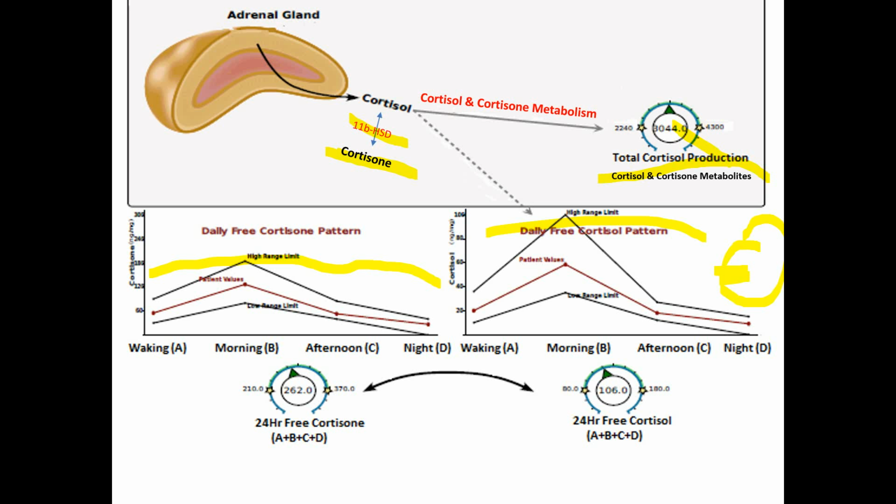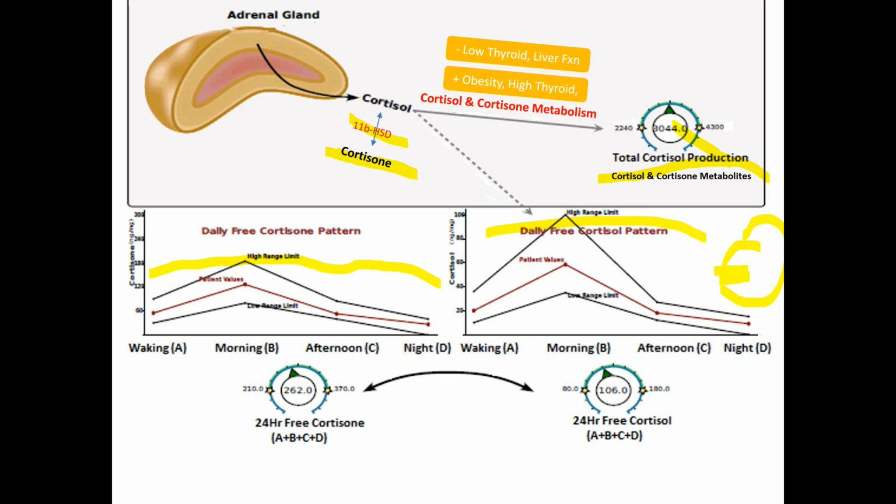In other situations where either the free cortisol or the metabolites are very different from one another, which is not necessarily the case here, we may even want to think about whether there's an issue in terms of cortisol clearance. So if there's low cortisol clearance, maybe there's low thyroid, maybe there's poor liver function.